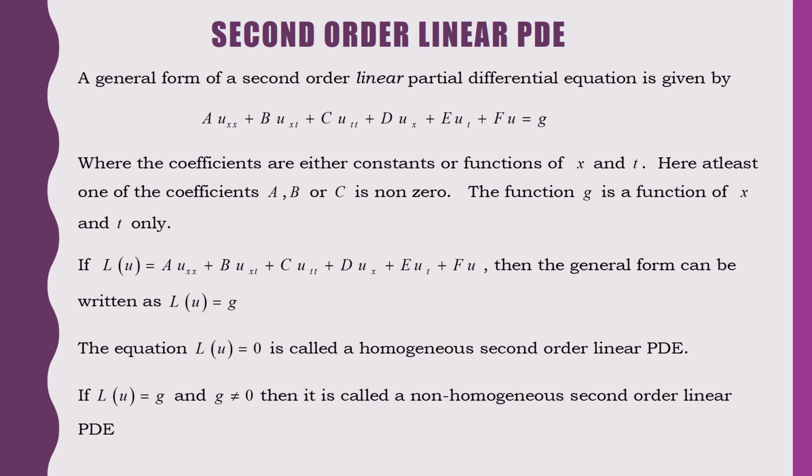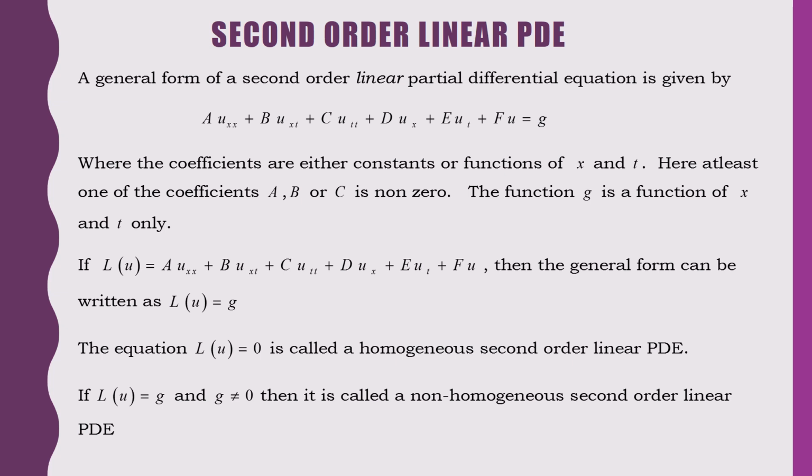If we take L of u equals A u sub xx plus B u sub xt plus C u sub tt plus D u sub x plus E u sub t plus F u, then this second order linear PDE can be represented as L of u equals G. L is a partial differential operator.